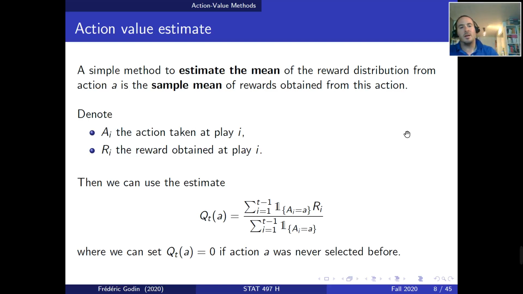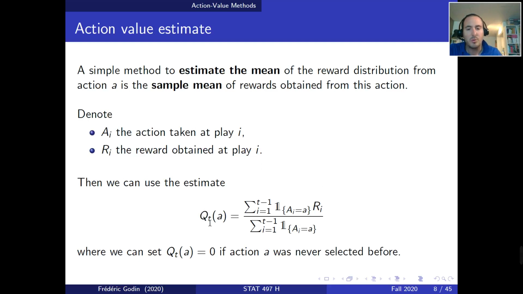Here is a bit of terminology. A_i denotes the action taken at play i. R_i denotes the reward obtained at play i. Then we can use the following formula to form an estimate of the mean after the first t minus 1 plays.